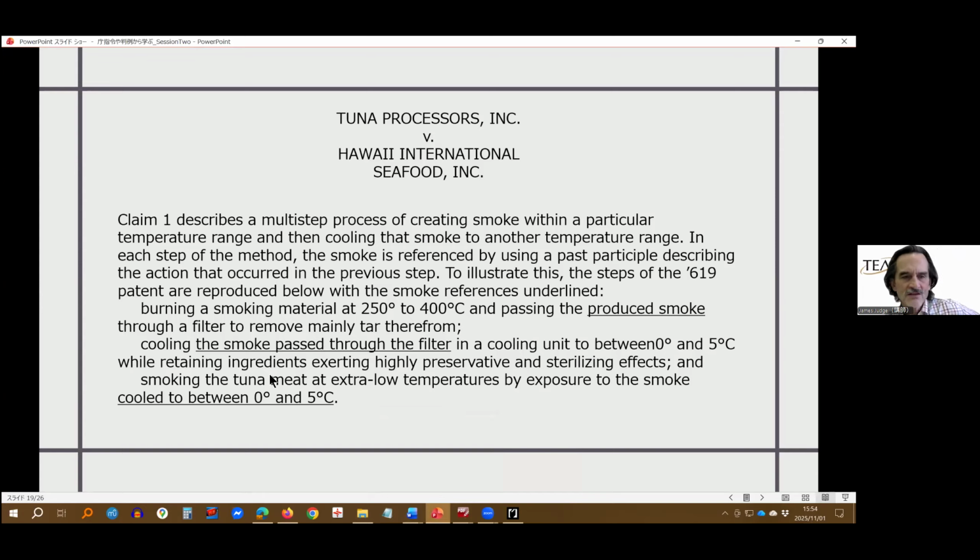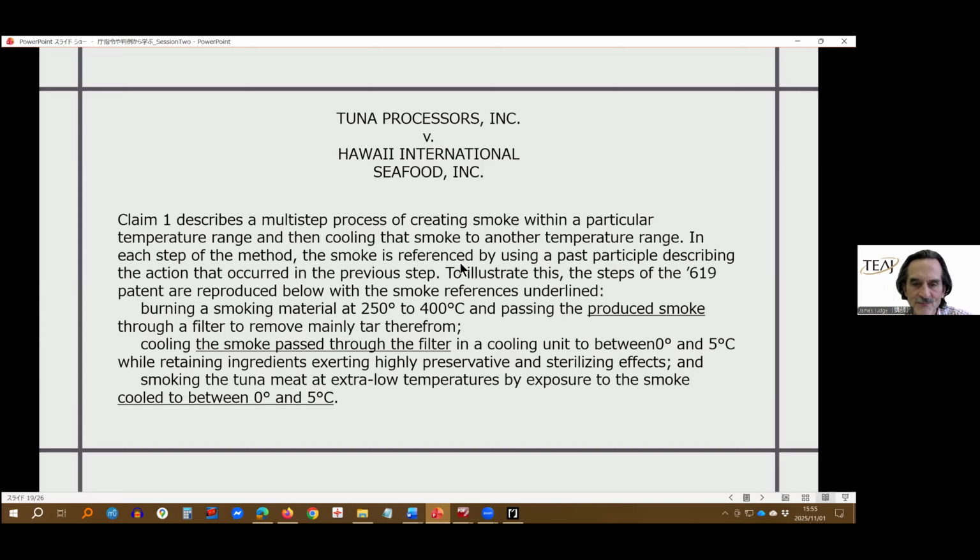So here's the statement of the case from the decision, and it just outlines what Claim 1 describes. Claim 1 was one of the claims at least being asserted by Tuna Processors against Hawaii International.